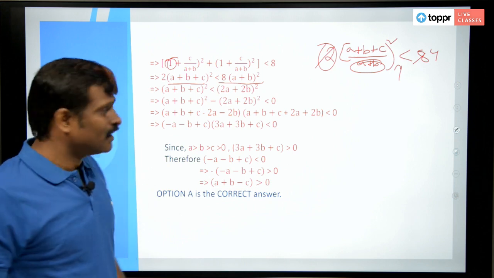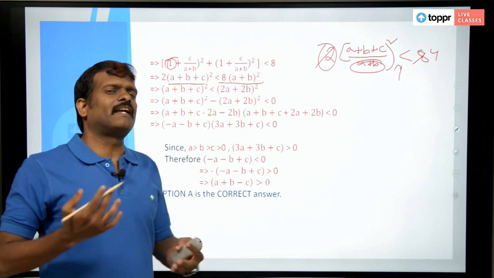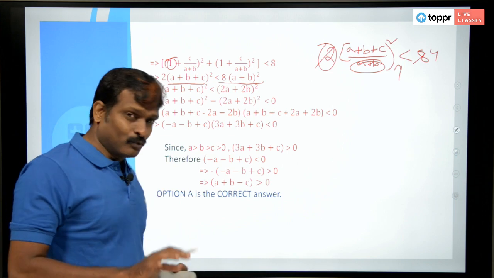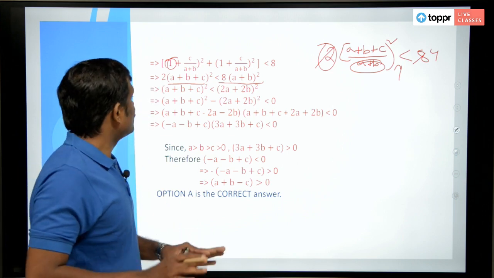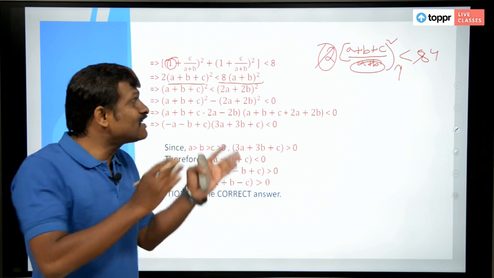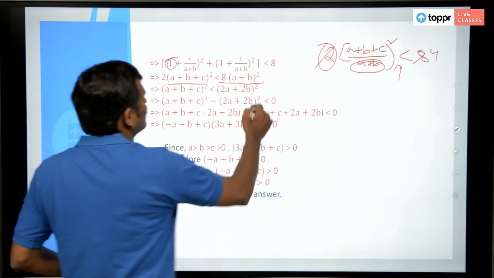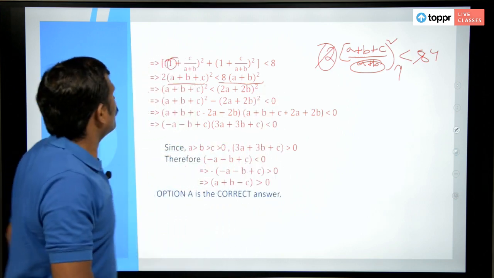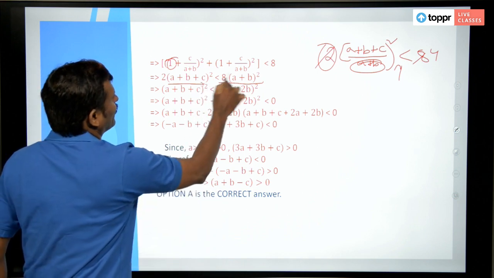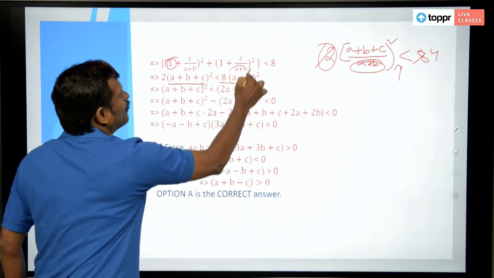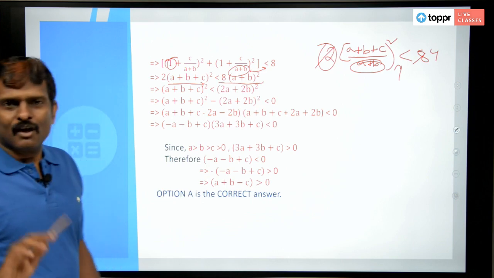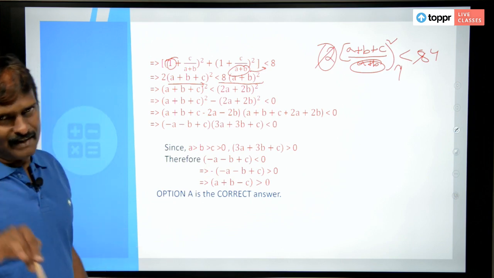It is very simple, since it is given to us that a and b are positive, we can do it directly even if it is not whole square, right. But it is whole square, which means its value is always going to be positive. That is the reason, without any hesitation, we are just multiplying this a plus b whole square with 8 without trying to change the less than symbol.